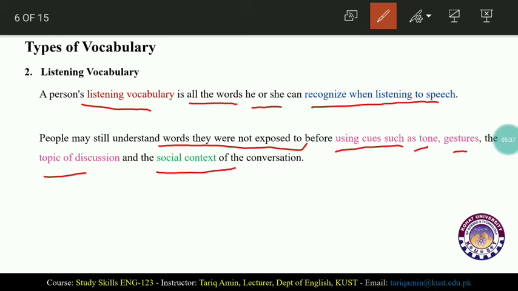A particular word may not be part of our vocabulary, and we may not be able to understand the word, but with the help of different cues such as tone, gesture, topic of discussion, and social context, we can guess the meaning of that word.